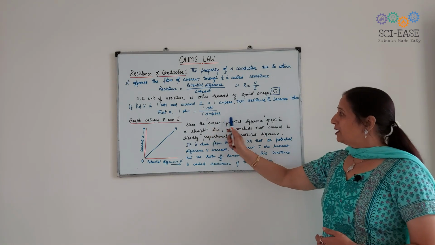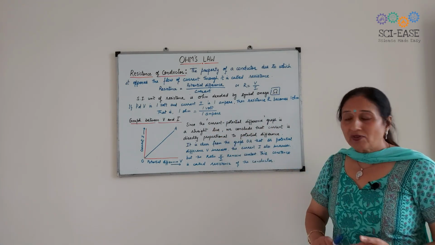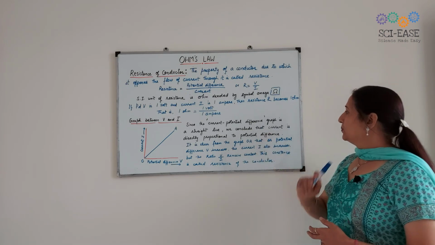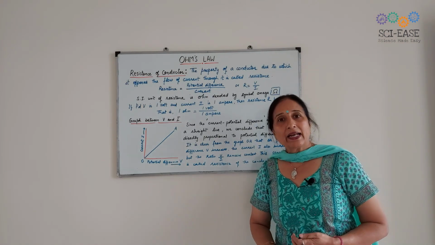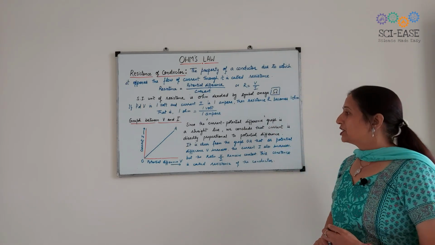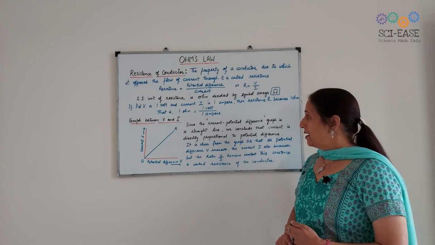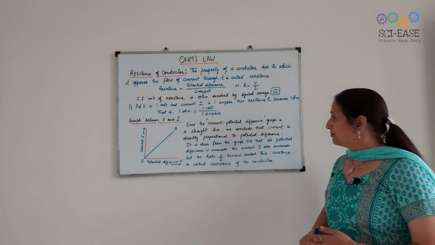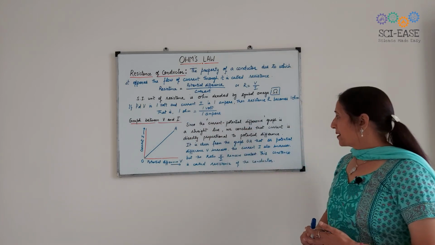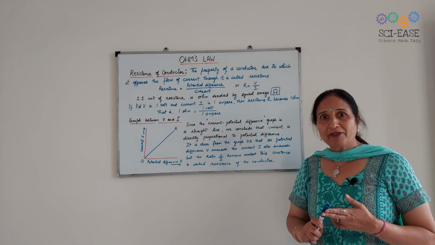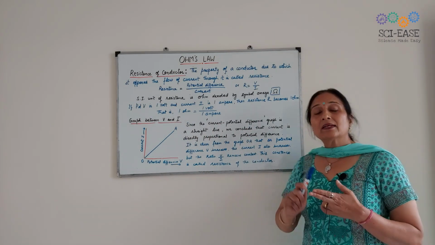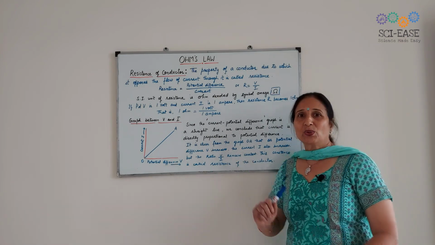Since the current potential difference graph is a straight line, we conclude that current is directly proportional to the potential difference. It is clear from the graph OA that as the potential difference V increases, the current I also increases.